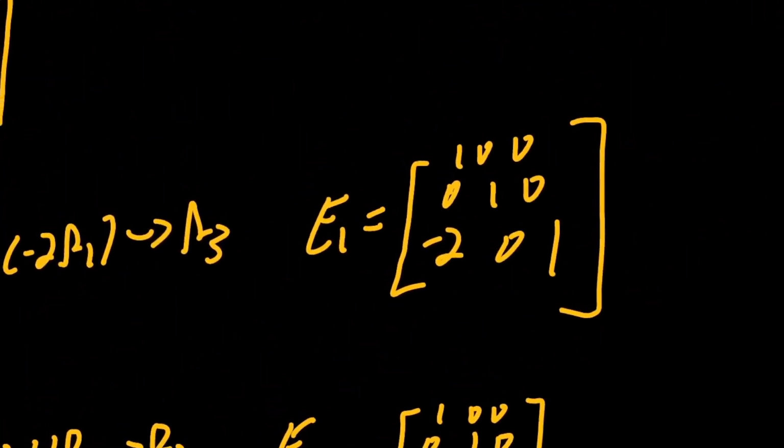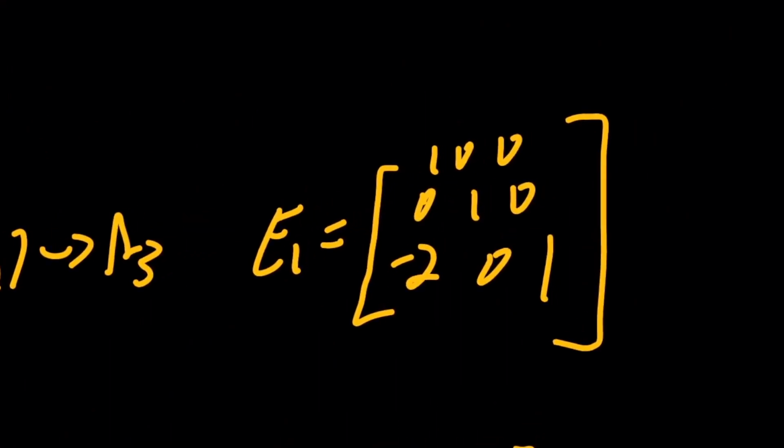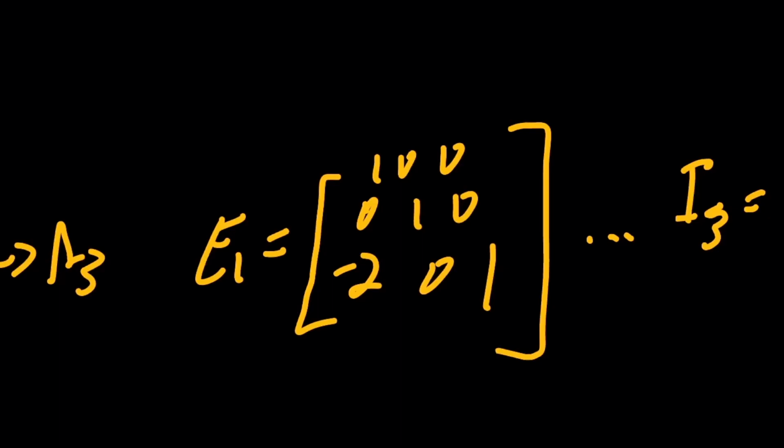Now, to find the inverse of our elementary matrix, we have to find a way for this matrix specifically to get rid of the -2 such that it becomes the original identity matrix. Therefore, for row 3 in this case, you would have to multiply the first row by 2 and add it to row 3 to get rid of the -2.